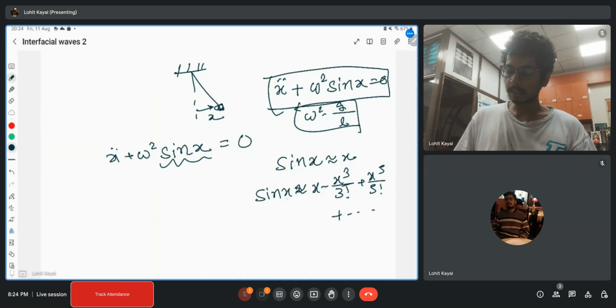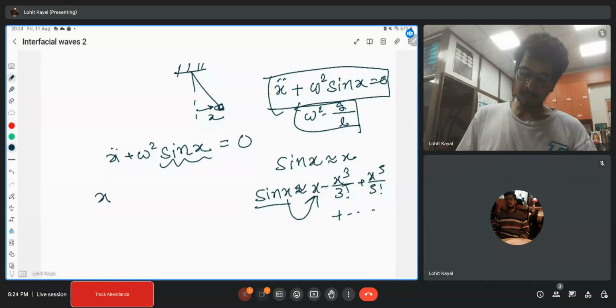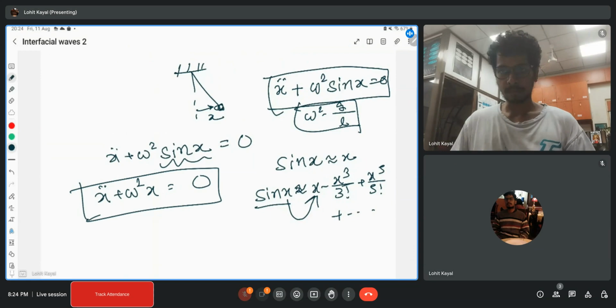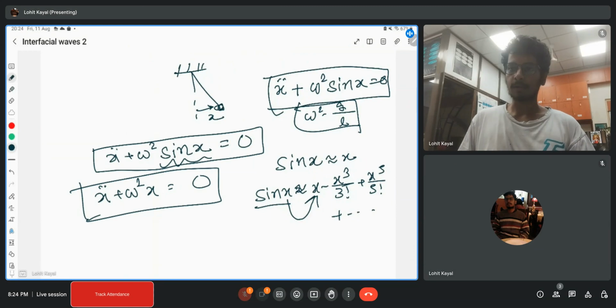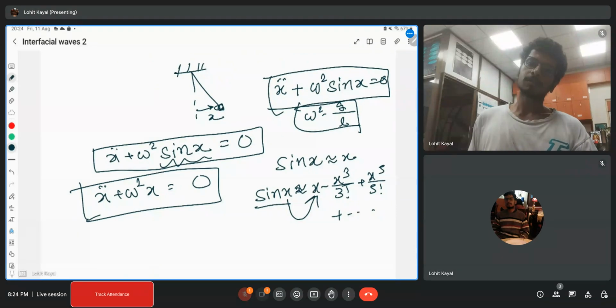Now when x is very small, we can approximate it with x. Okay, so when x double dot plus omega square x equal to 0, then we can very easily solve this equation. But the solution is not very easy for this kind of case. That's why we need to use the Jacobi elliptic function in order to solve it. That we will do in the next class.